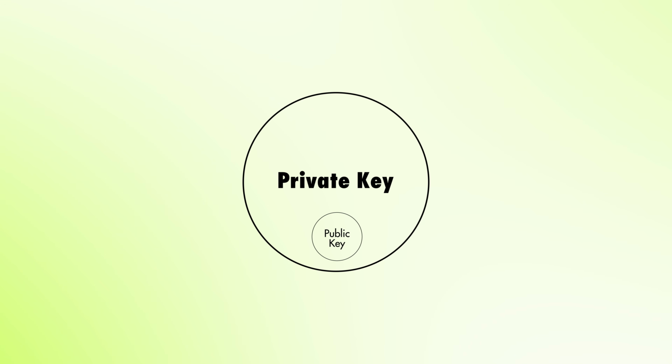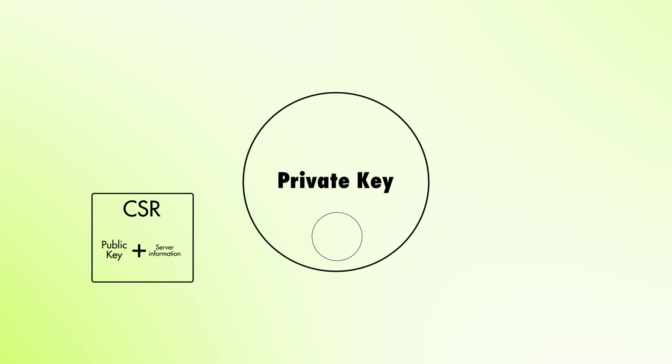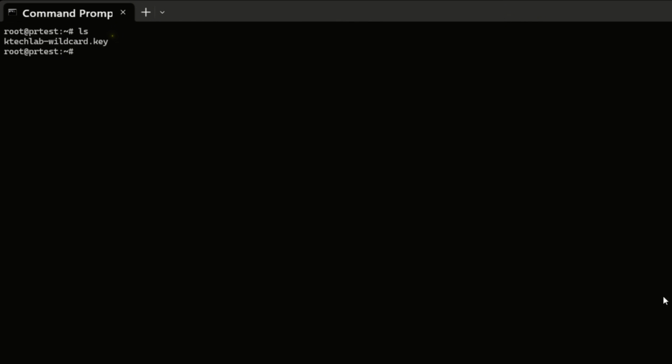When we generate a CSR, it simply pulls the public key from the private key and includes that in the certificate signing request, along with the server information, to send to our CA server, the certificate authority server, and have our CA server sign it and then give us a certificate, right? So that's one thing to keep in mind. You don't see the public key here.